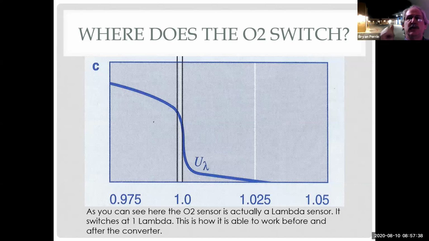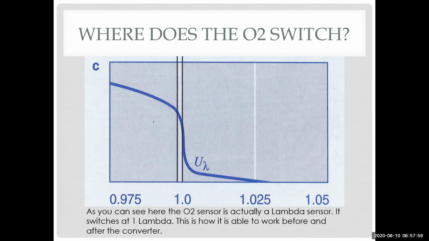So what this tells the computer is binary: rich, lean, rich, lean. It can't tell how rich or how lean. All it says is rich, lean, rich, lean. Well, a computer is a clock.